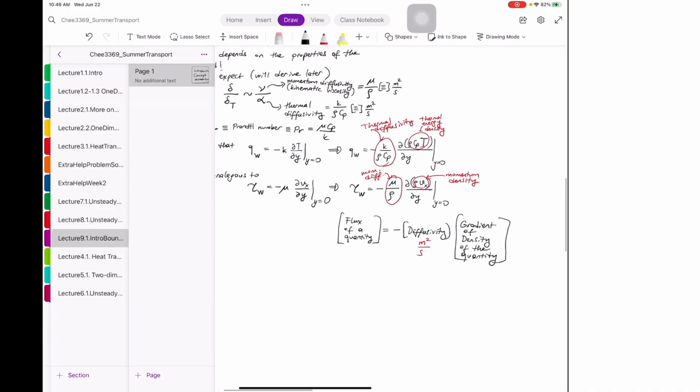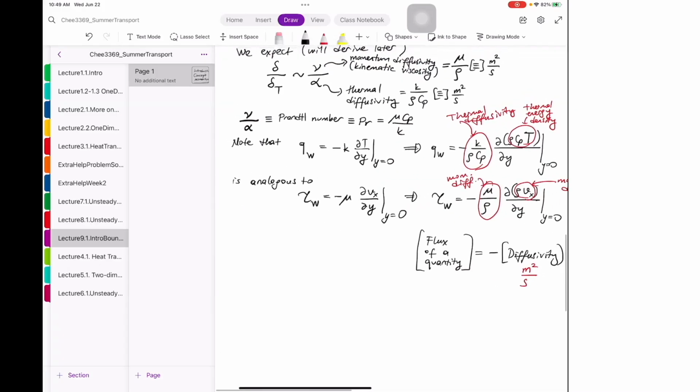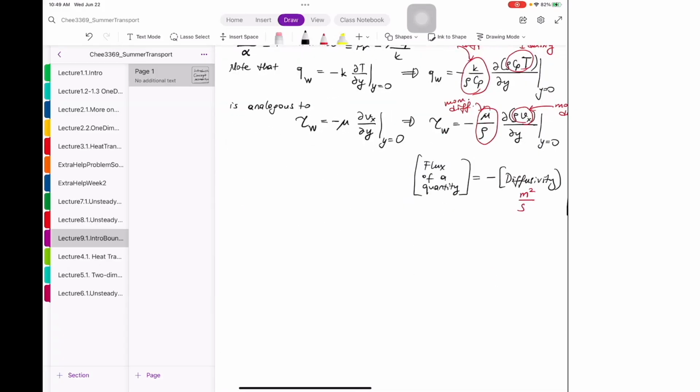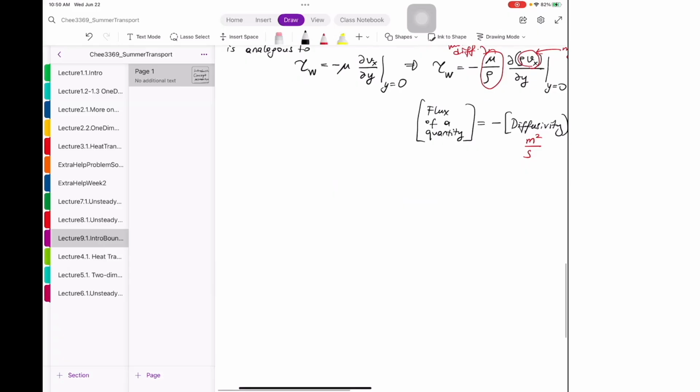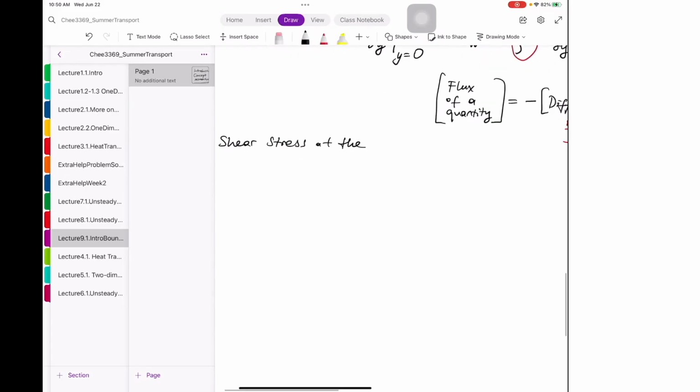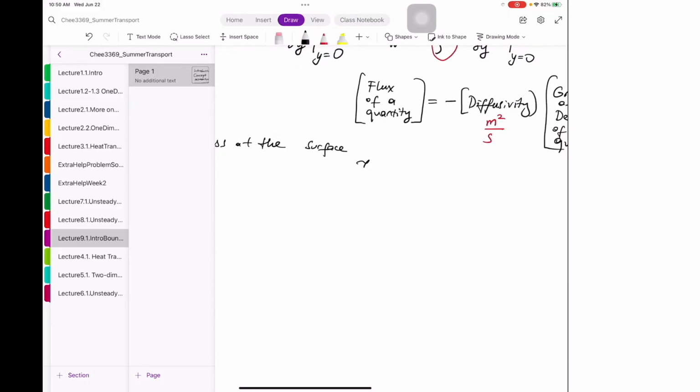Okay, so, but look at the analogy between the two. So basically, heat transfer is similar to momentum transfer. And you can note that the shear stress at the surface is basically what we said as the tau wall, or you can call it tau s.